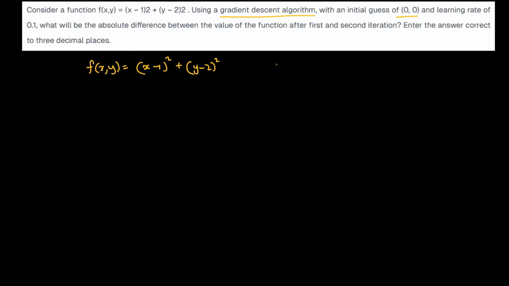Before starting with the algorithm, let's recall how we update the values in gradient descent based on the previous iteration values as well as the gradient of f.